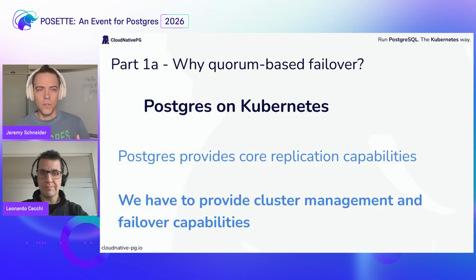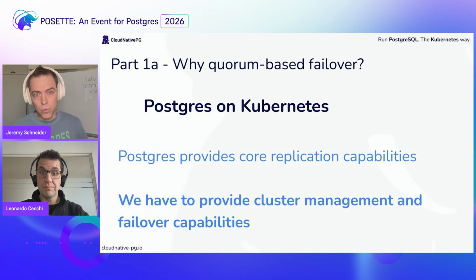It will replicate data from the first server to the second server. But what Postgres won't do is cluster management. It gives you APIs that can convert the replica into a primary, but it won't automate failovers or automate adding new clusters and new configurations. So if we want to run Postgres on Kubernetes, and if we want things like self-healing or automated failover, then one way or another, we're going to have to provide these capabilities. It's not in core Postgres.